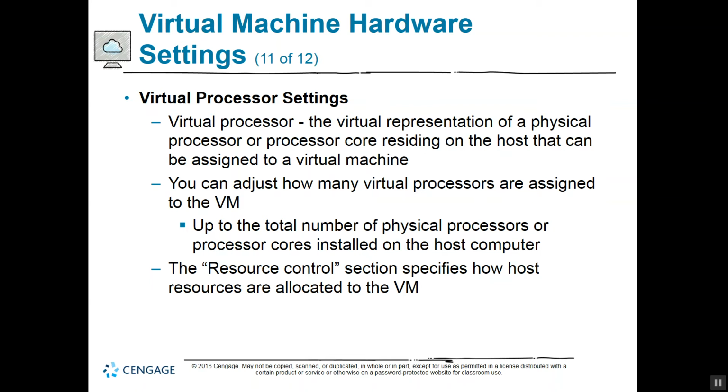So if you've got two processors, quad core, that's your max for your virtual machine. You can't say, oh, I've got 10 processors, it doesn't work that way. We're limited to what exists on the host device.